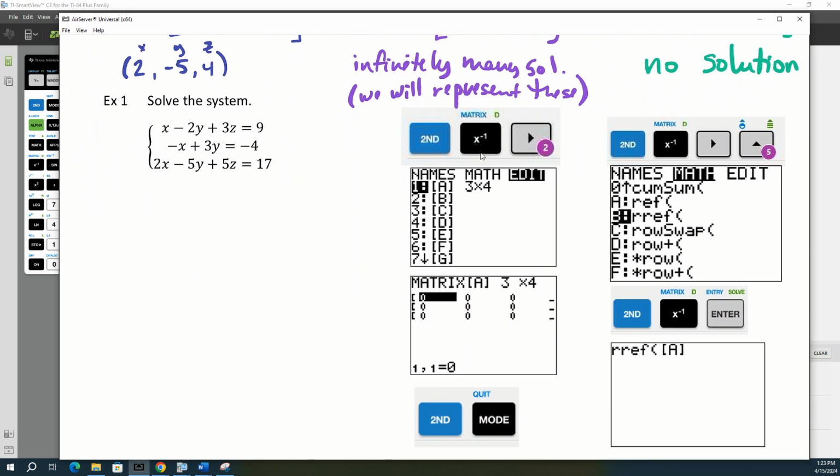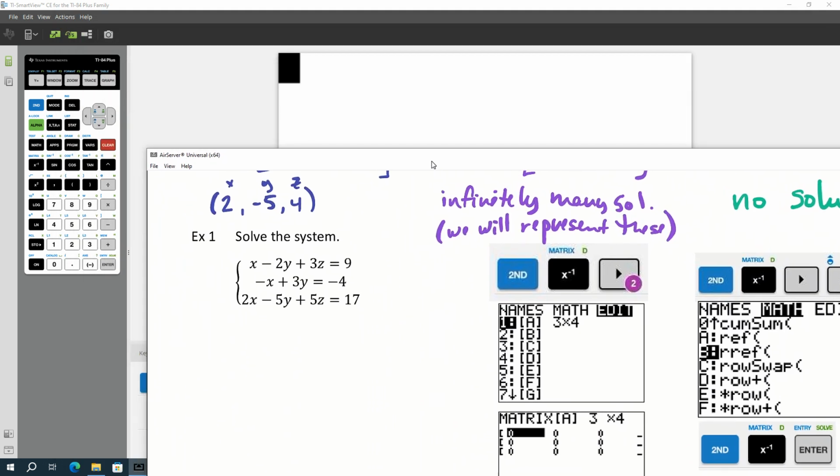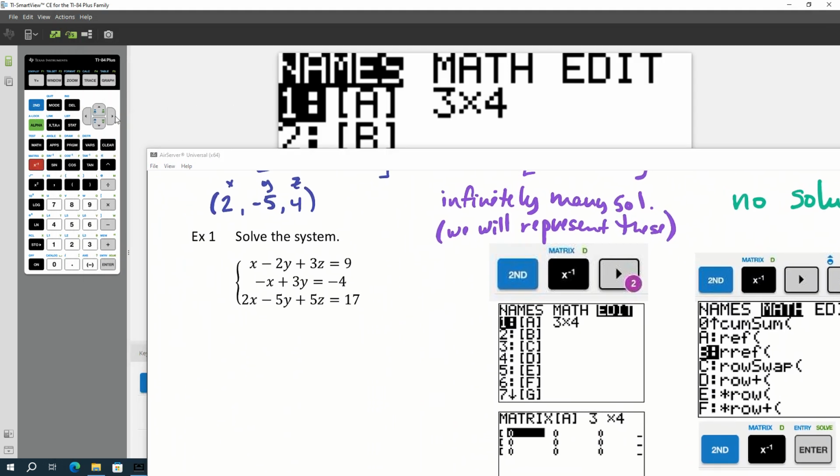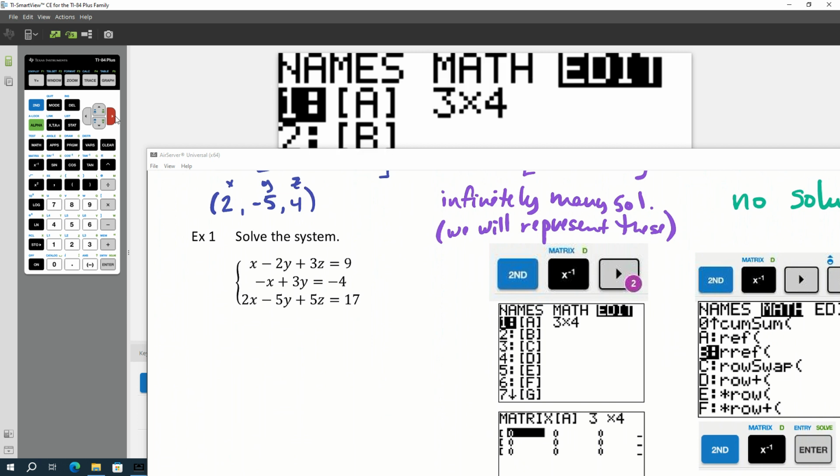And it's going to look like that screen right below that. So second, x to the negative 1, go over to edit. Now, it's possible that you don't have this 3 by 4 right now, especially if your calculator had been reset. It's fine. We'll fix it in a second. So just hit enter on edit.